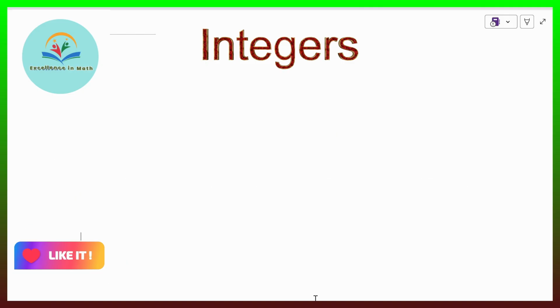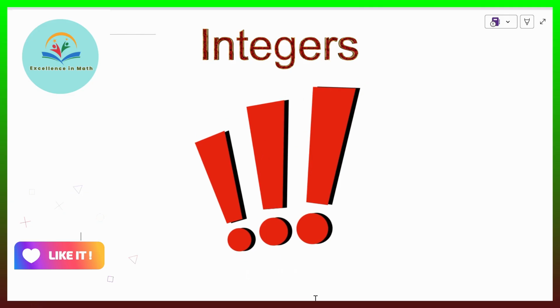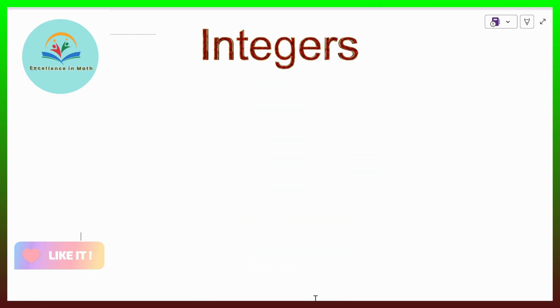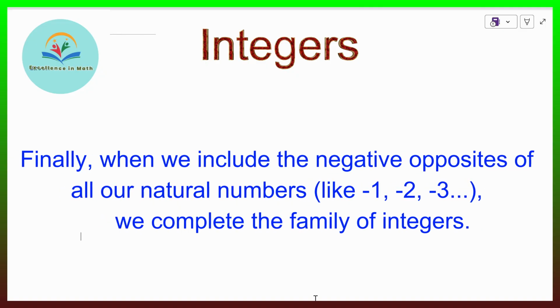Clear? Now, like we previously discussed about describing a temperature colder than ice, it's difficult to distinguish between assets and liabilities. This is where the importance of integers is. Finally, when we include the negative opposites of all our natural numbers like -1, -2, -3 and go on, we complete the family of integers.